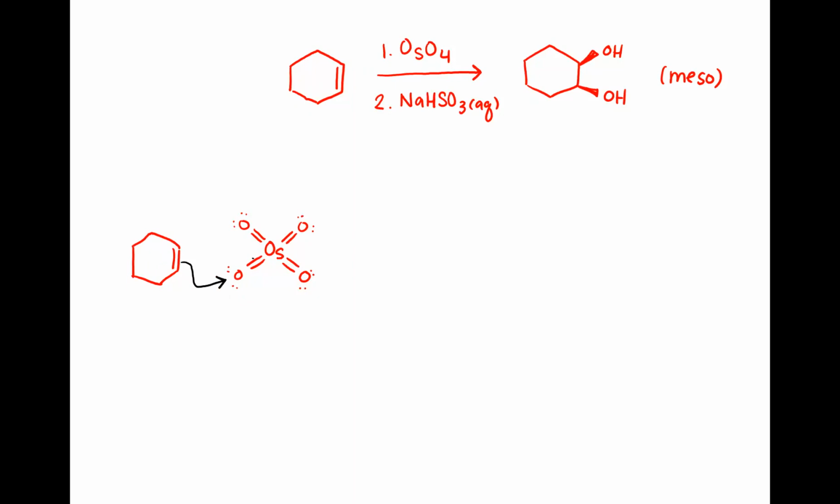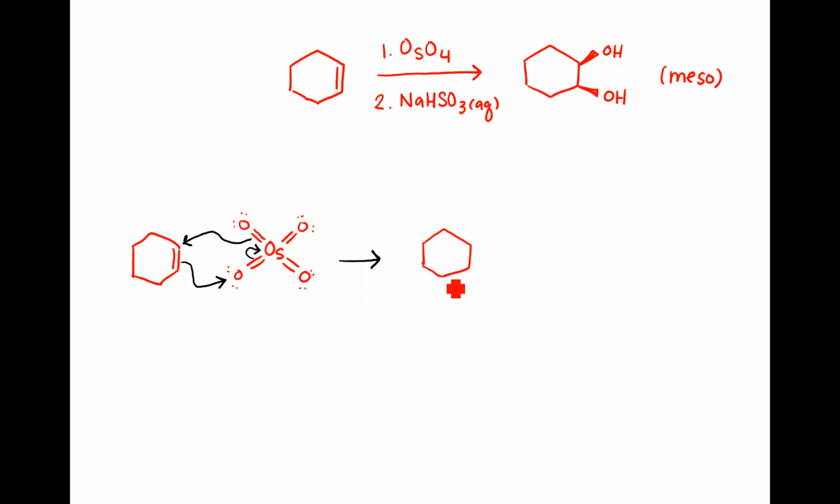We need to move electrons onto osmium, effectively reducing the osmium. And then simultaneously electrons from this double bond will come back and form a bond with the other carbon of the alkene. Again, this is another concerted reaction with electron movement occurring simultaneously in one step.